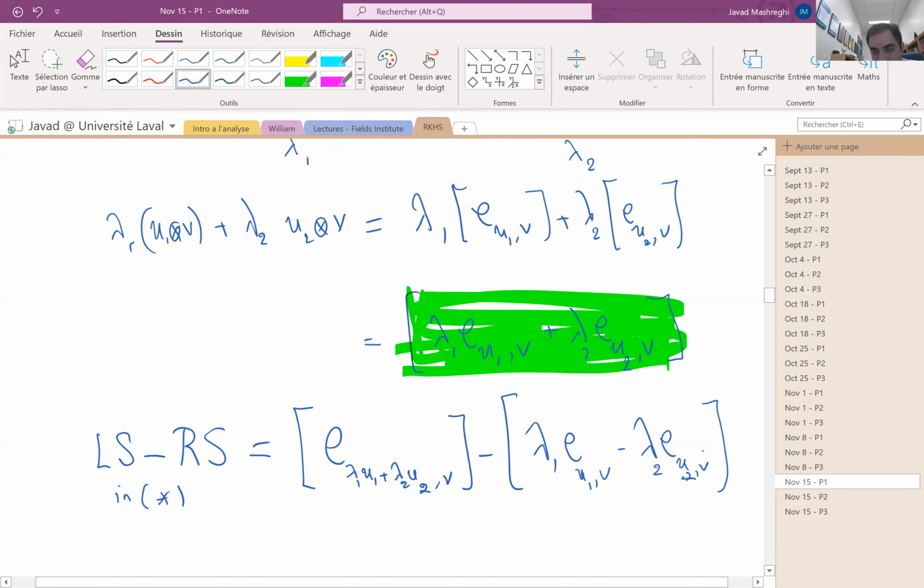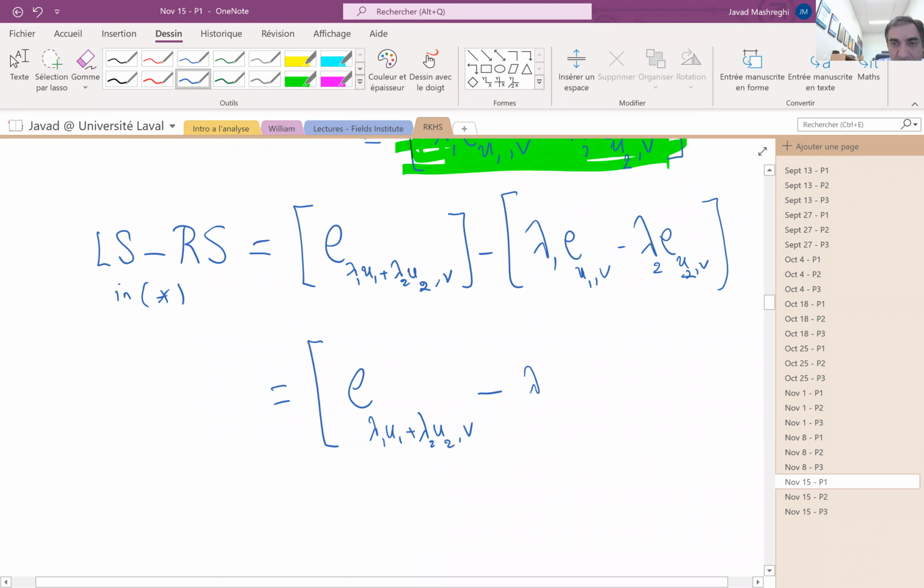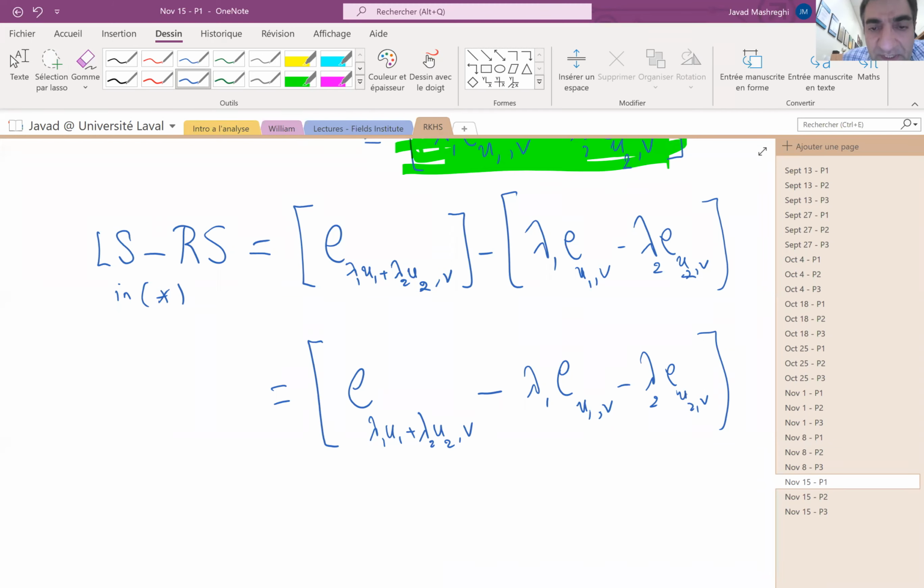For two cosets, coset A minus coset B is the coset A minus B. This is the coset E(lambda 1 U1 plus lambda 2 U2, V) minus lambda 1 E(U1,V) minus lambda 2 E(U2,V). Just linear algebra. I just did the operation based on the linear algebra rules and what I'm allowed to do.